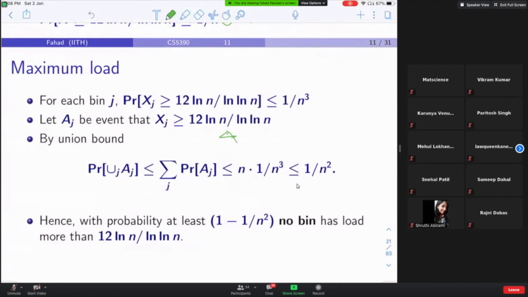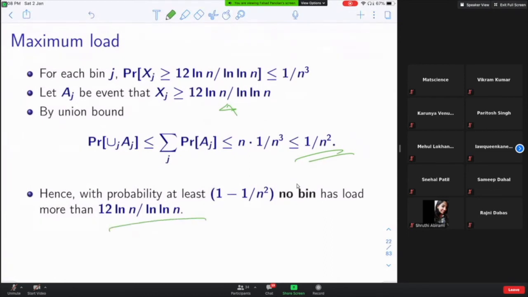It is upper bounded by the summation: the probability that the load in the first bin is more than delta, plus the probability that the load in the second bin is more than delta, plus etc. And that quantity is n times 1 by n cube, so 1 by n square. So this is what we proved.